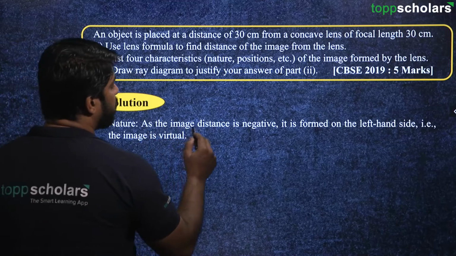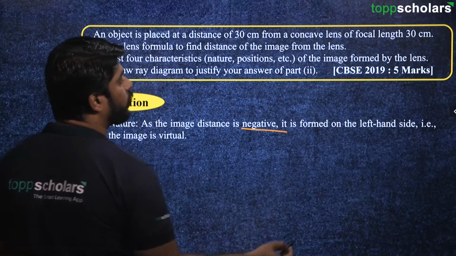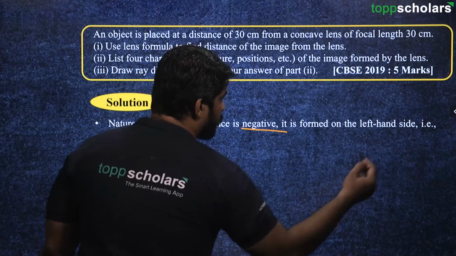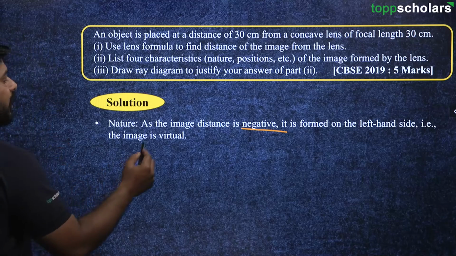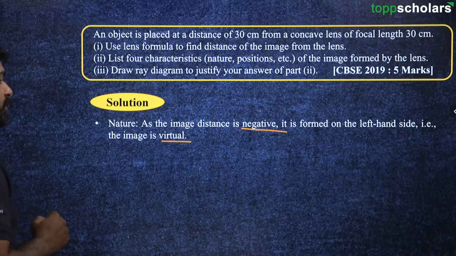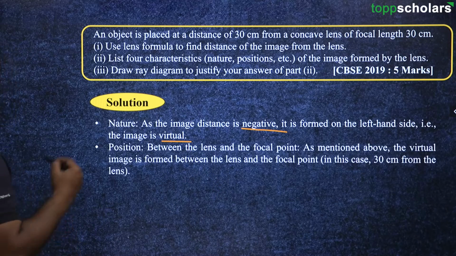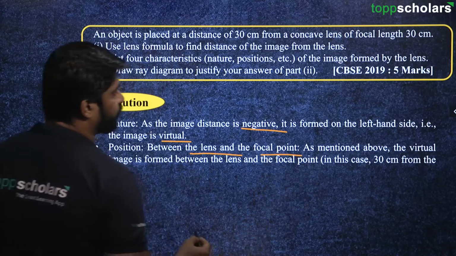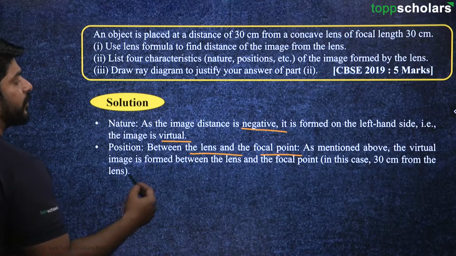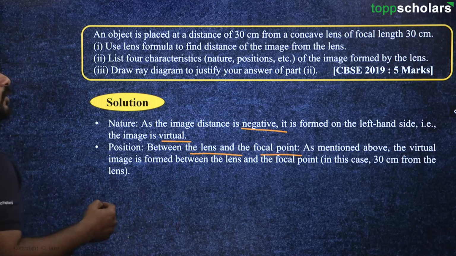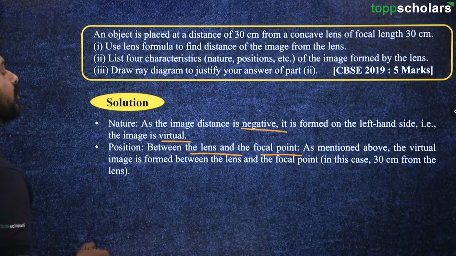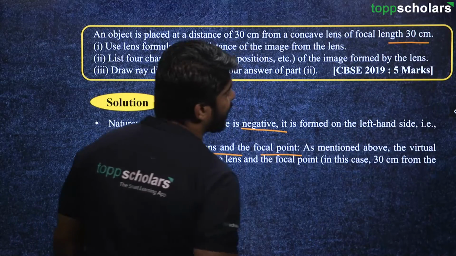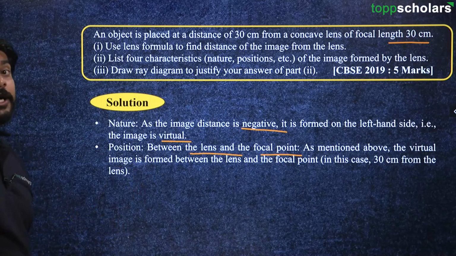Now moving on to the nature. As the image distance is negative, it is formed on the left hand side, on the same side of the object. That means it is a virtual image. Position: it is formed between the lens and the focal point, because the focal point is at 30 centimeter, but the image is formed at 15 centimeter.